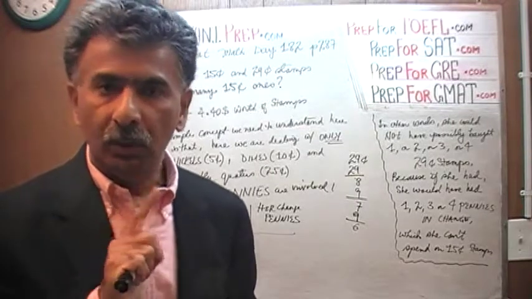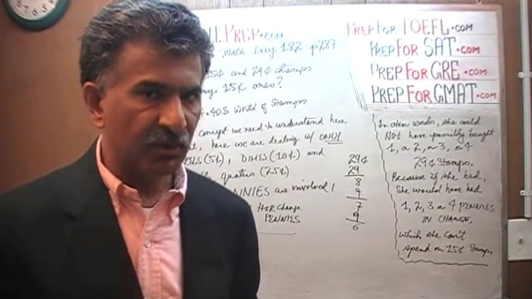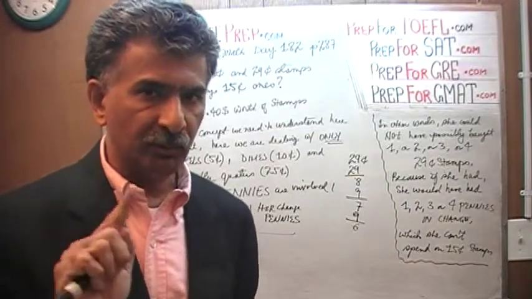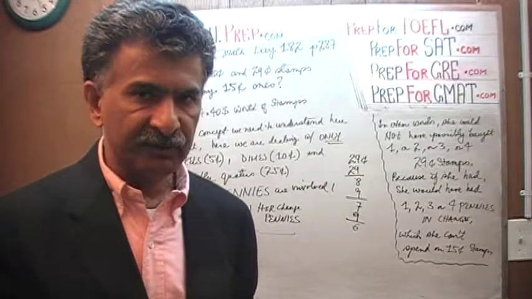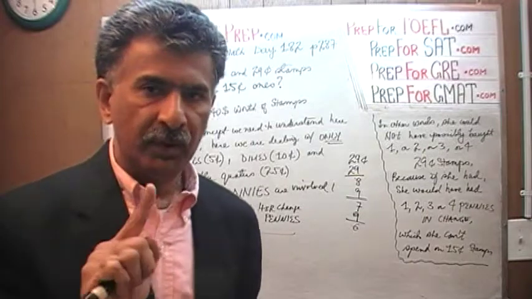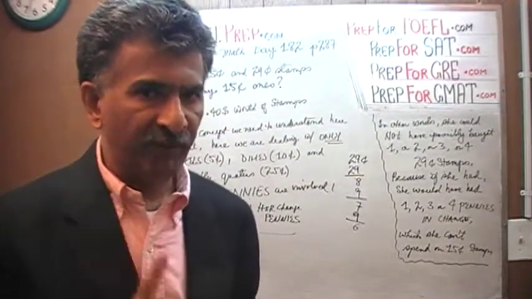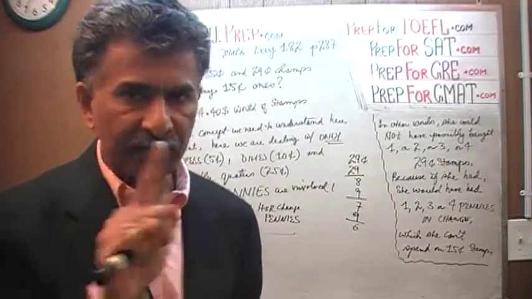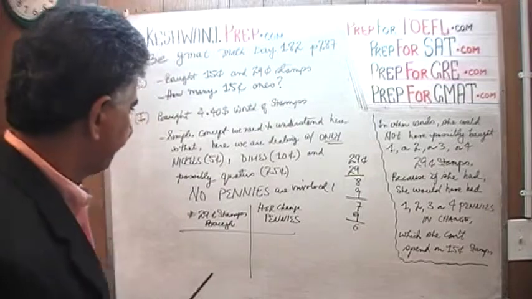Therefore, the simple concept that we have to understand here is that in this particular transaction, when a woman walks up to the window and tells the clerk that she needs to buy 29-cent stamps and 15-cent stamps, and by the time she walks away, we found out that she spent a total of $4.40, we know for a fact that in this entire transaction, no pennies were involved. Let's find out how.